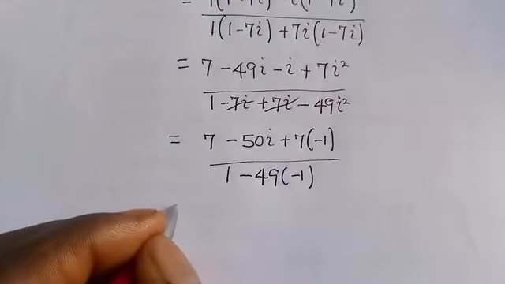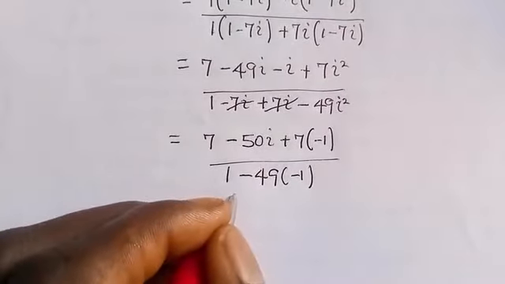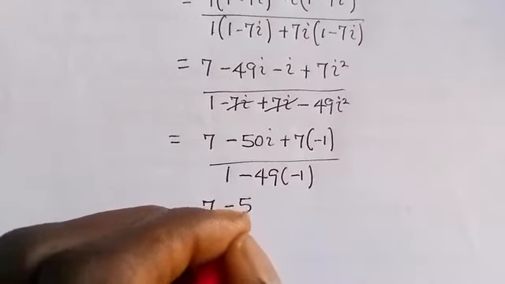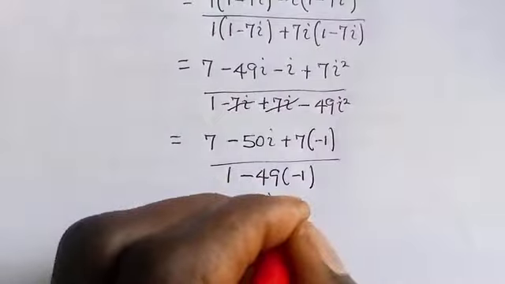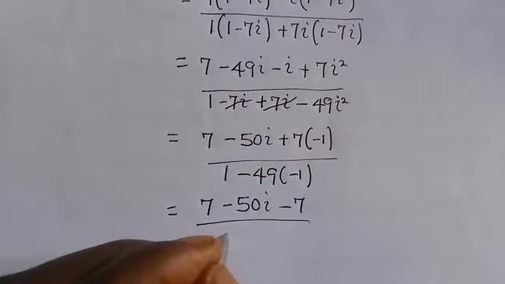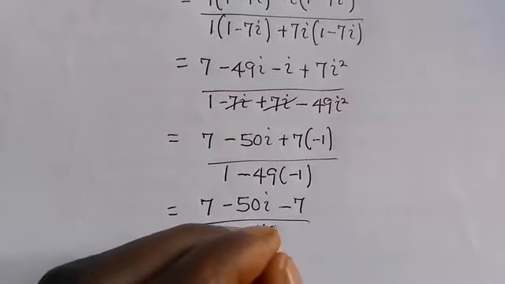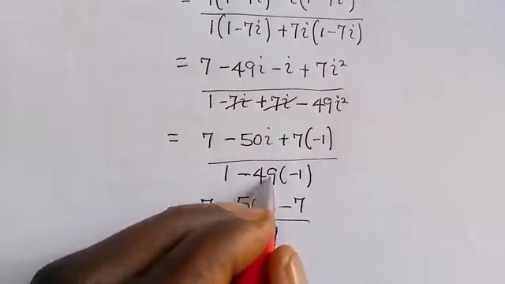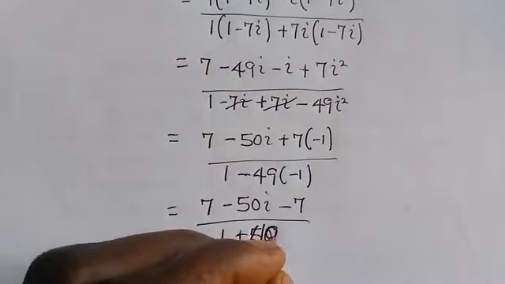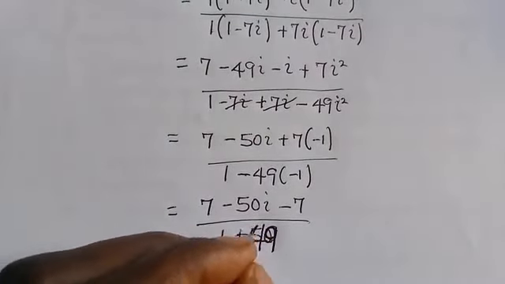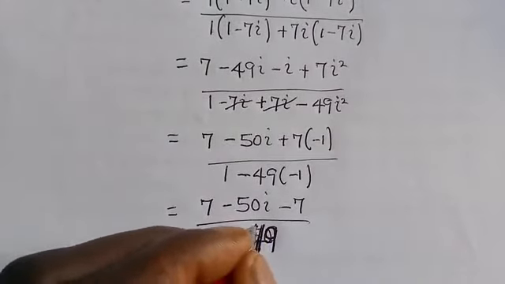So this is equal to 7 minus 50i plus 7 times minus 1 is minus 7. Divide by 1 plus 49, because minus 49 times minus 1 is plus 49. We have plus 49.